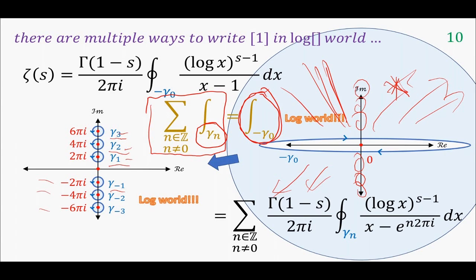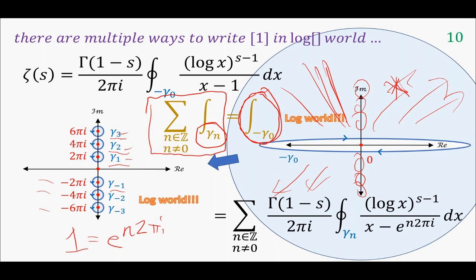Well, it's because we're in log world, and even the number 1, which I'm writing right down here, is multi-valued. This is equal to e to the n 2 pi i, where n is any integer, really. e to the 10 pi i is equal to 1.